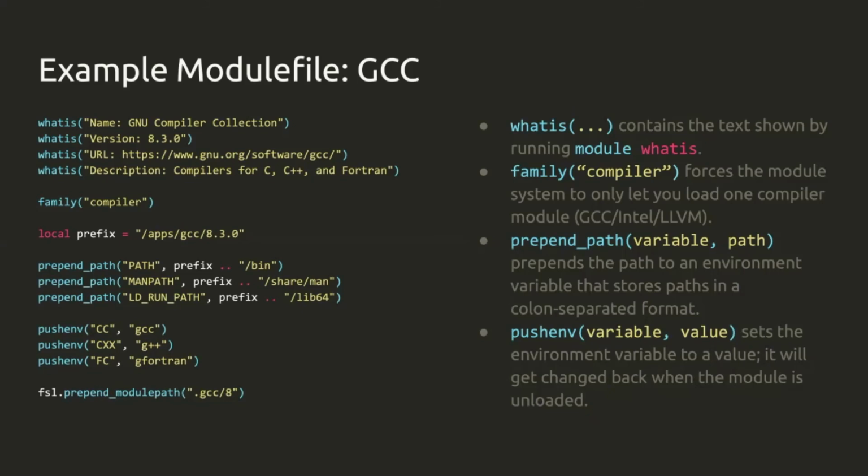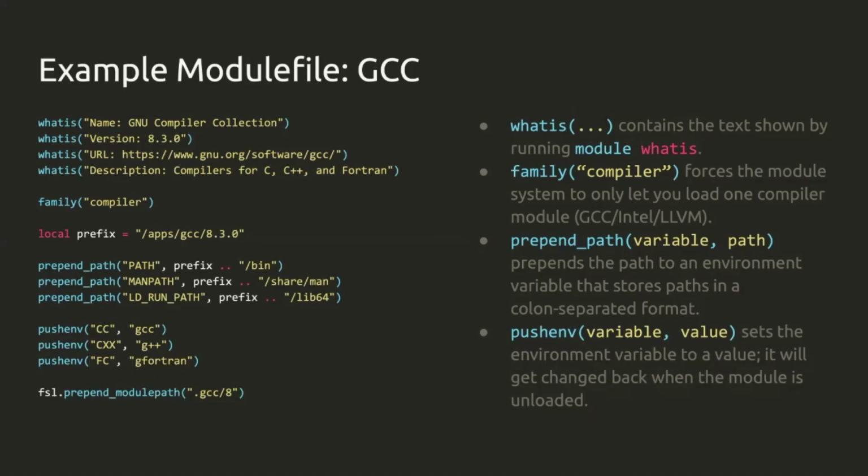Not only that, but then it's really confusing to figure out which libraries are getting compiled in and which compilers are getting used. So we don't want to have any mixing there. So the family compiler will force the module system to only let you load one compiler module. All the different compiler modules will have that same line in there, and it will error on you if you try and mix those.